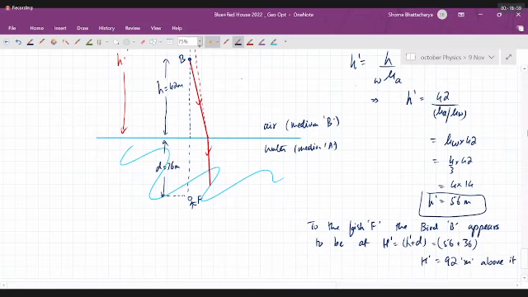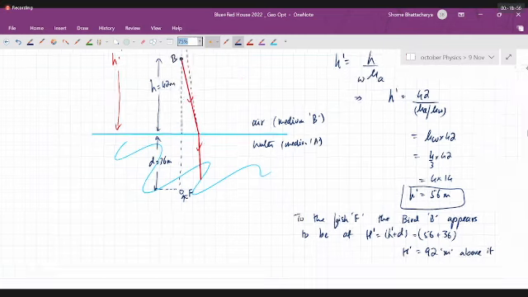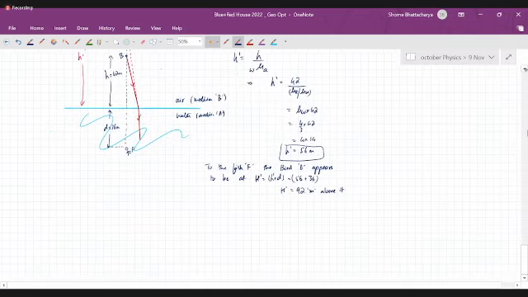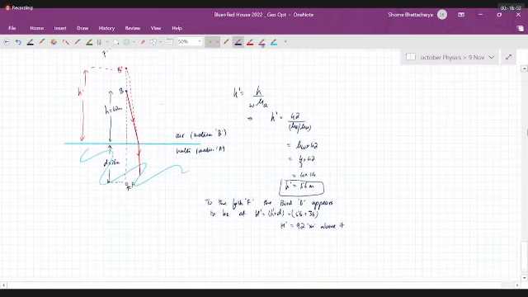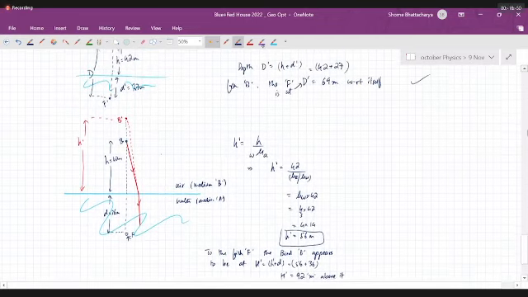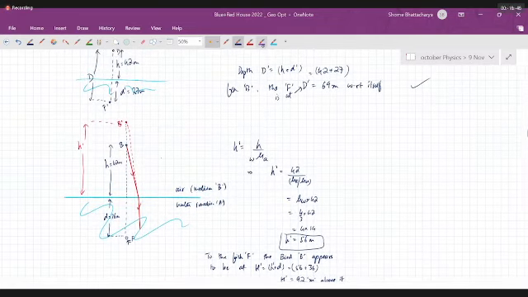So this is what happens as far as the vision of the fish is concerned. The fish will observe the bird as if it's at an apparent height of... small.